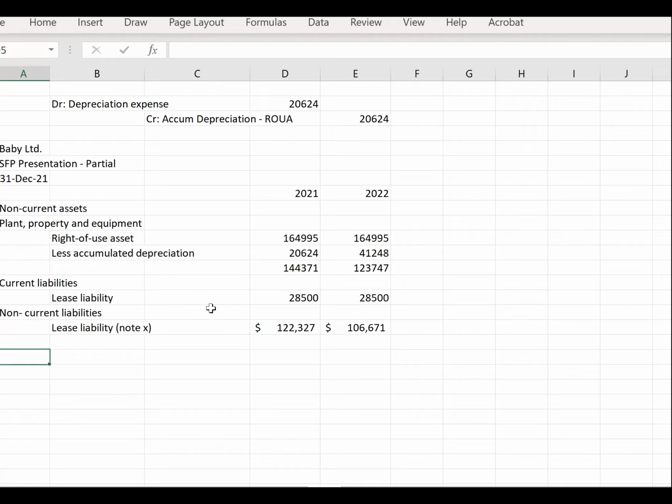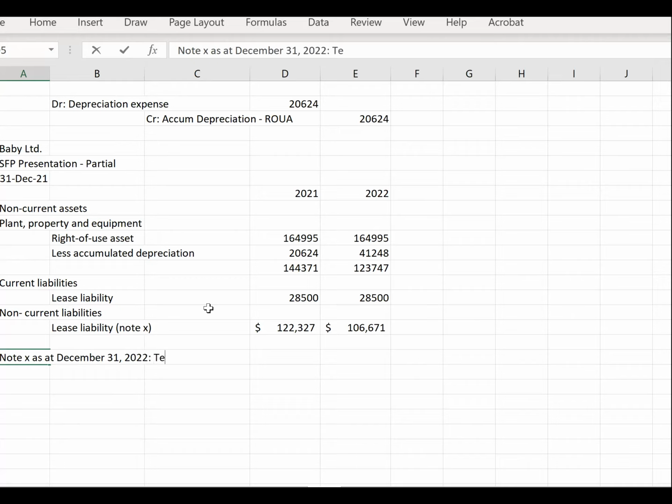So let's just say that we're doing this for 2022. Okay, so let's just do this for argument's sake. We're going to do note X as at December 31st, 2022. Technically, we would do this for both years, but let's just do it for one.